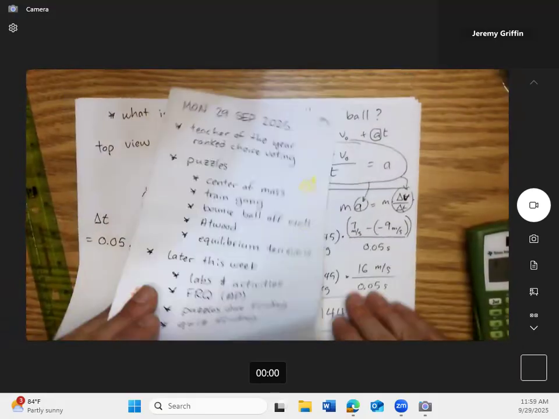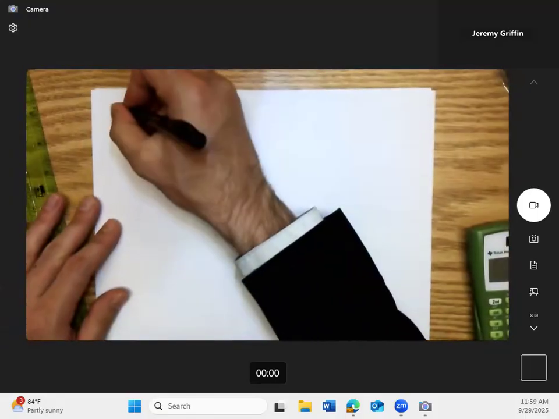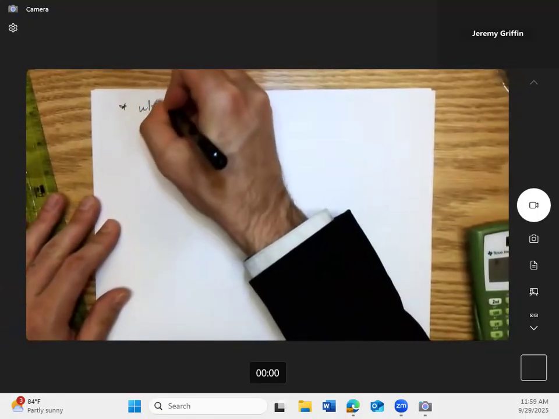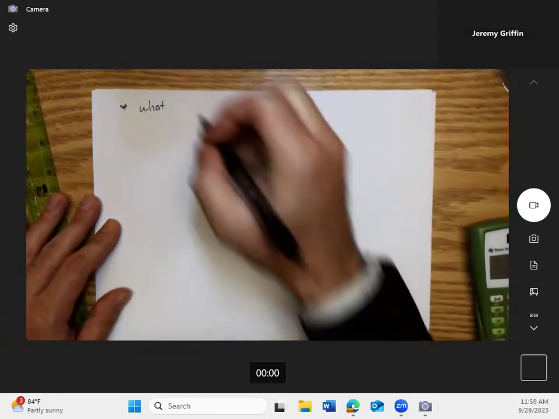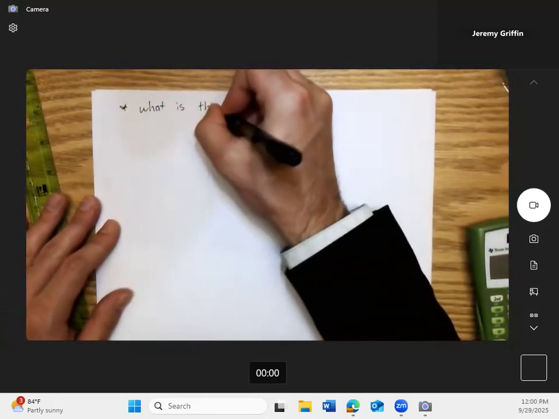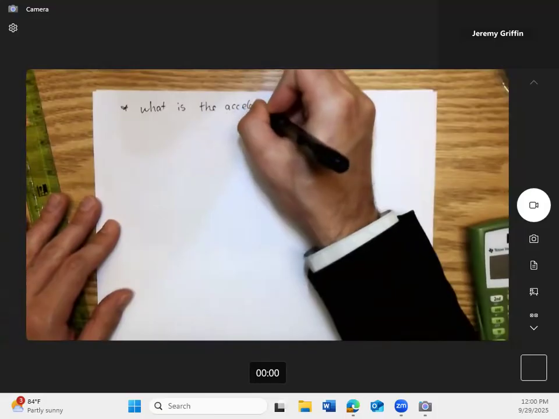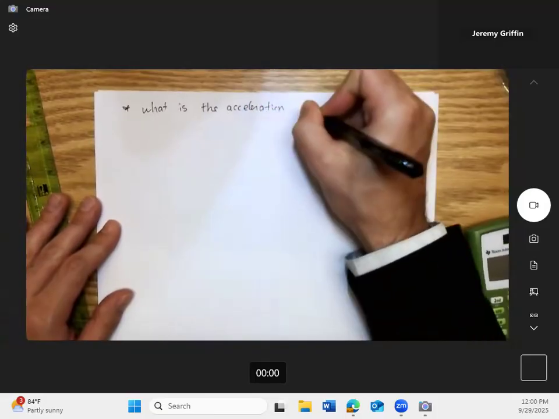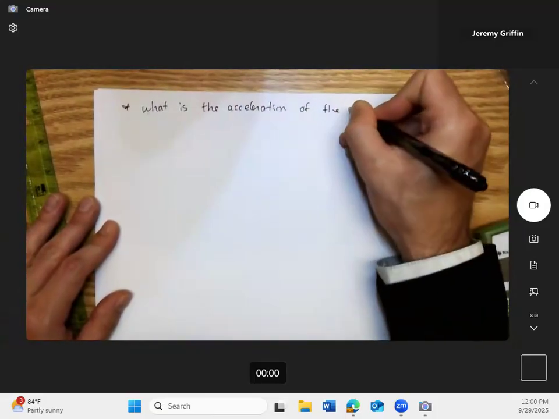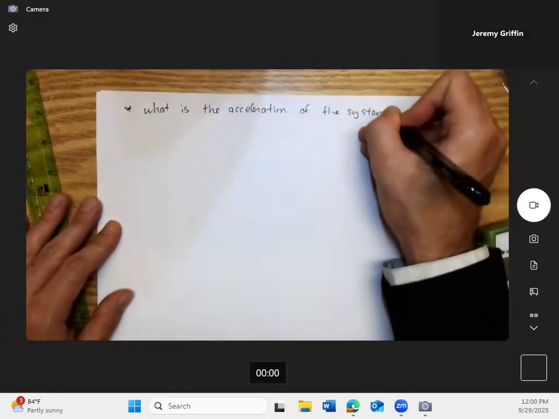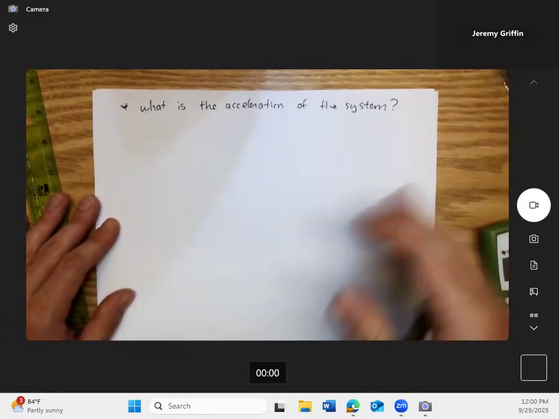So there's a lot of questions you can ask about Atwoods, but the 2 classic questions you usually get are what is the acceleration of the system? Or how it's usually worded is, what's the downward acceleration of the large mass?